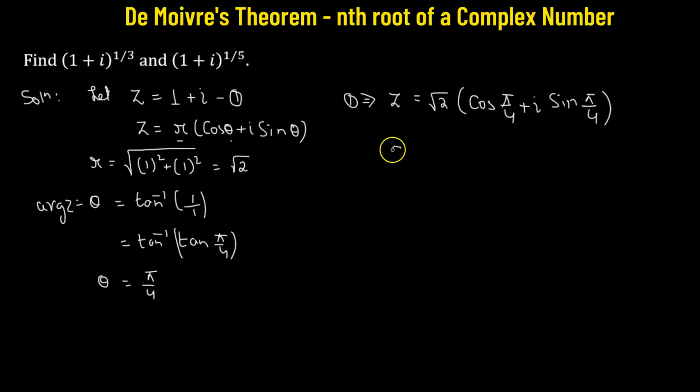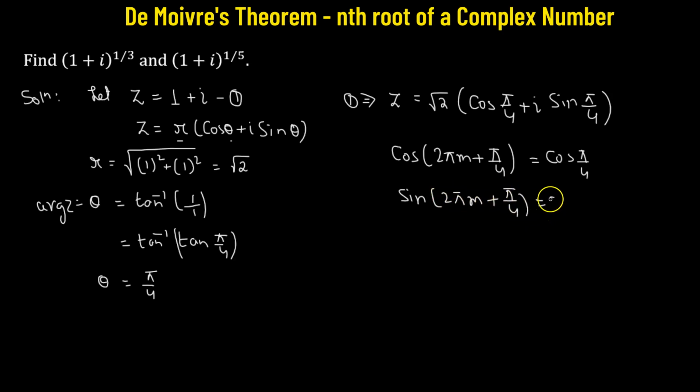Now using the fact that cosine and sine are periodic functions, cosine of 2 pi m plus pi over 4 is also equal to cosine of pi over 4, and similarly sine of 2 pi m plus pi over 4 is equal to sine pi over 4.